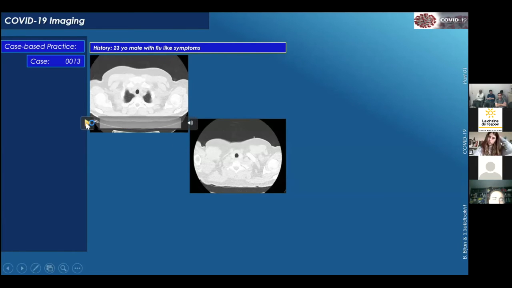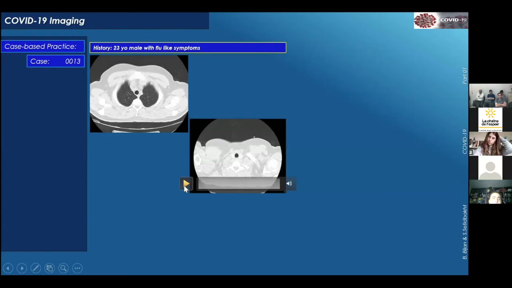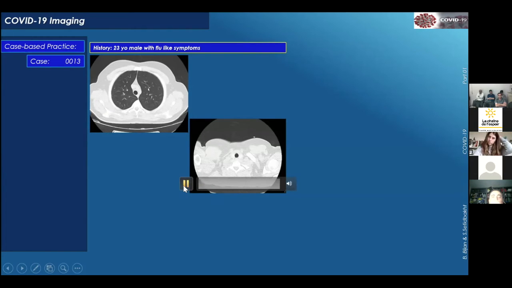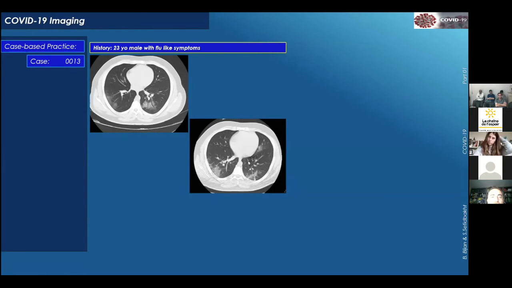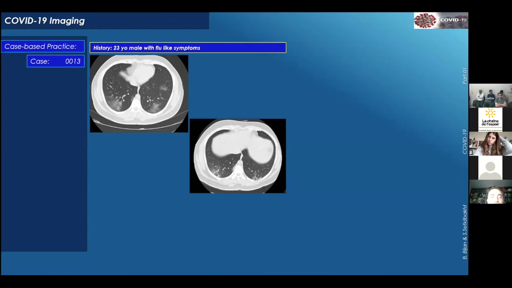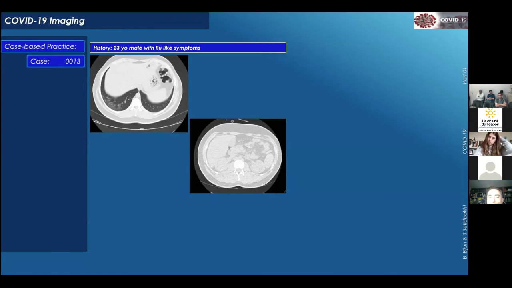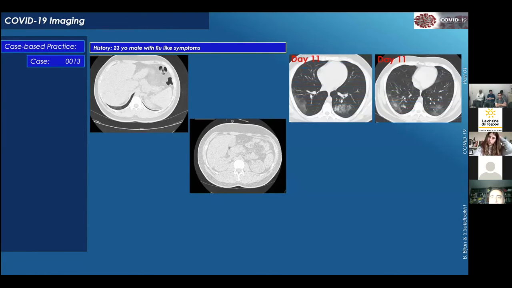Okay, case number 13. Let's take a look at this. So this is a 23-year-old patient with symptoms of flu.